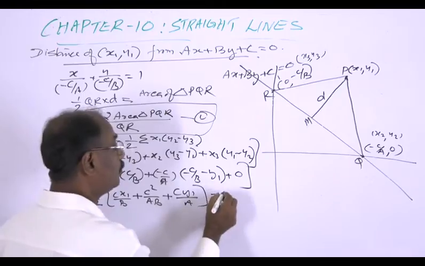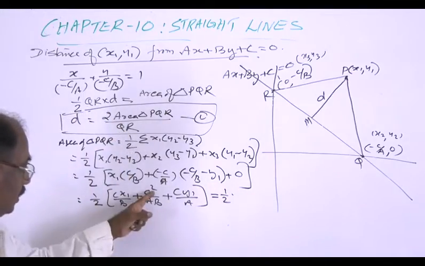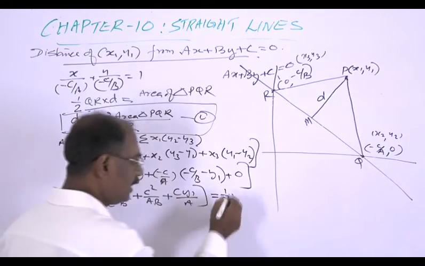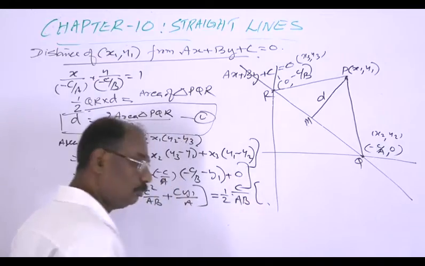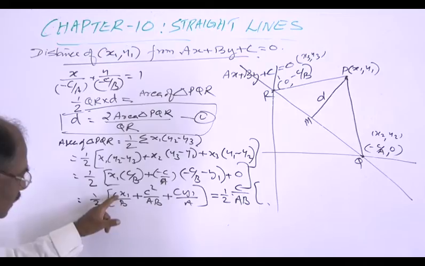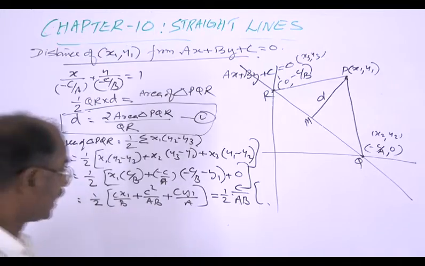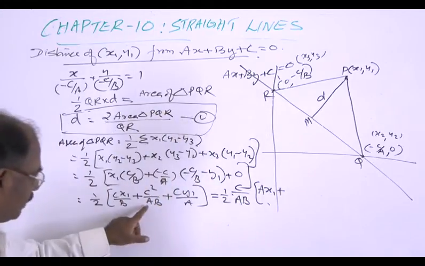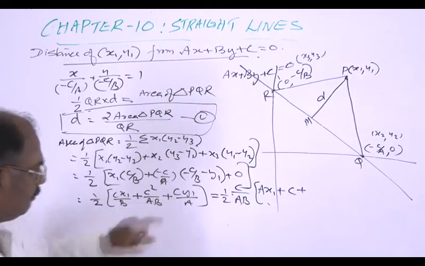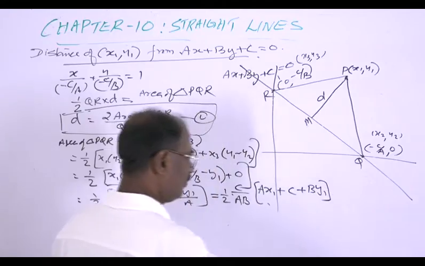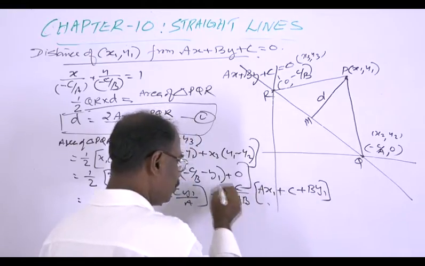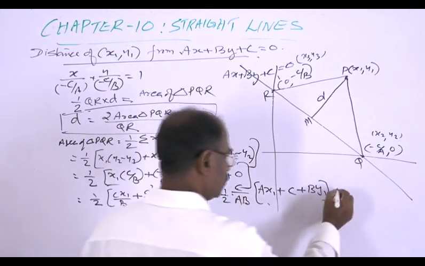Or this is again equal to 1 by 2 into, taking c common and ab outside, c by ab into a x1 plus b y1 plus c. That is c by ab into ax1 plus by1 plus c, into 1 by 2. This is equation 2.